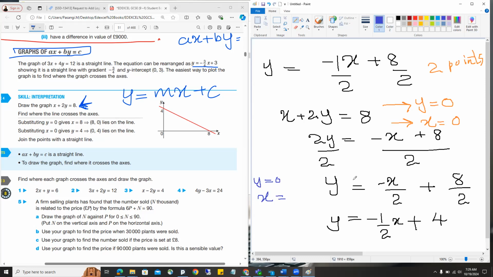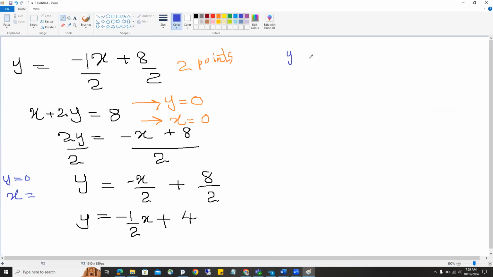When y becomes 0, okay, so now this is the equation: y equals minus x over 2 plus 4. Now we make y as 0. So 0 equals minus x over 2 plus 4. Here 4 we can take to the left hand side, that is minus 4 equals minus x over 2.